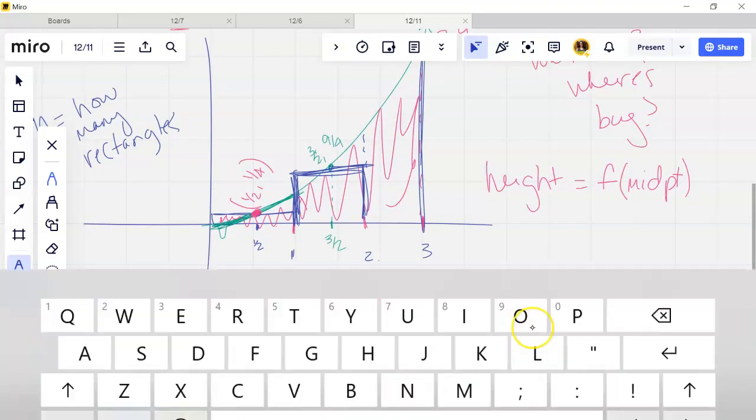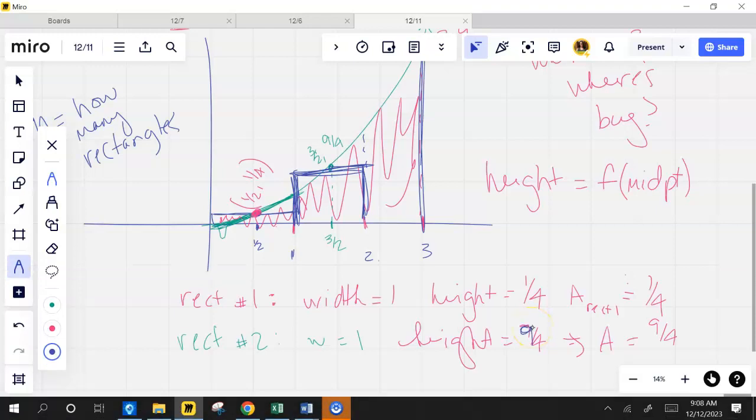That's a 9. Yep. Here, well, it is just because the width is 1 each time. If the width was 2, then the area would be twice the height.